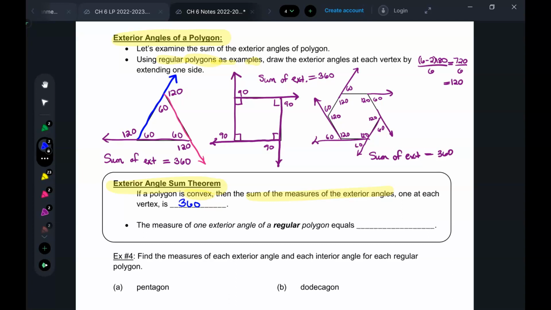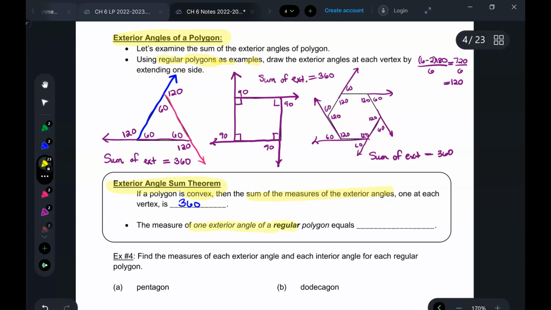Let's say this was 70, this would be 110. If this was 90, it's still convex. So all regular polygons are convex, but not all convex polygons are regular. Yes. Okay, got it. All right, you got it.